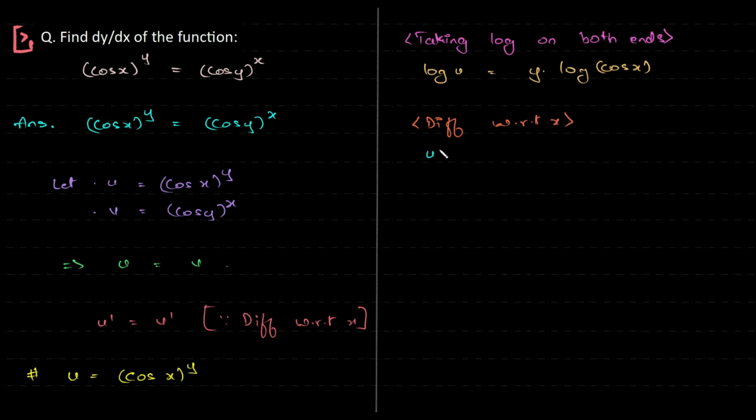So we have u prime by u is equal to, clearly this is a product rule. First is your dy by dx, so that is y prime, into log of cos of x, plus you have y into differentiation of log of cos of x.